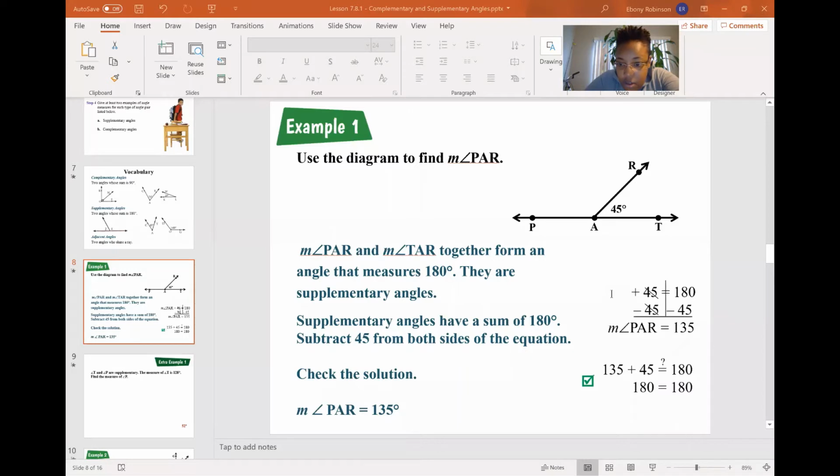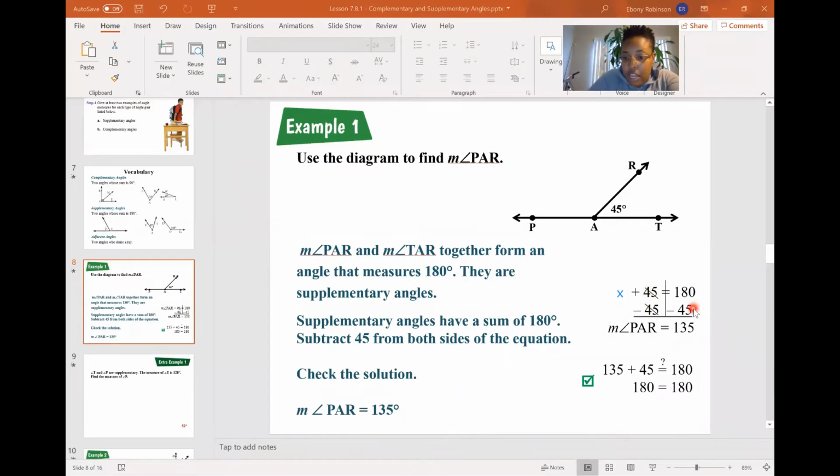And I'm gonna just put X, okay? So X plus 45 equals 180. That's our original problem. Our goal is to isolate the variable, so we're going to subtract 45 from each side because we want X by itself. These 45s cancel. Let me make sure my spotlight is on.